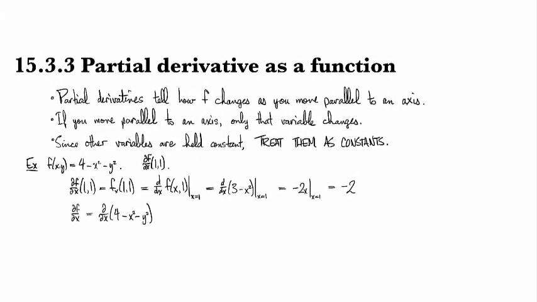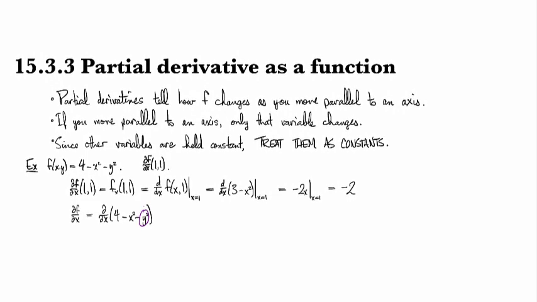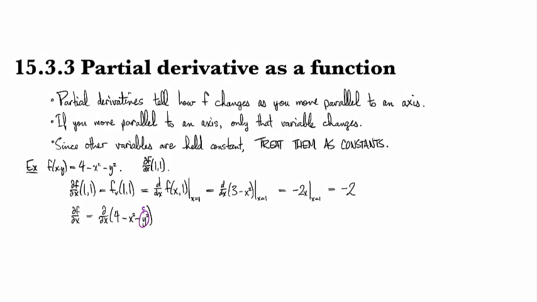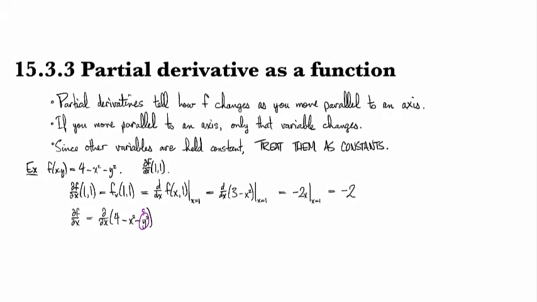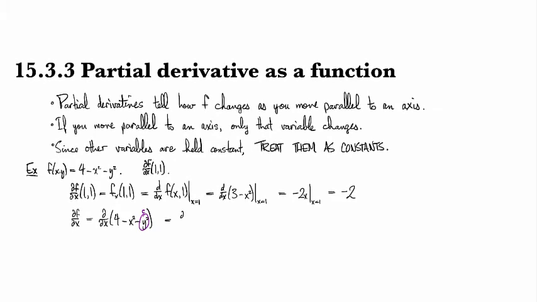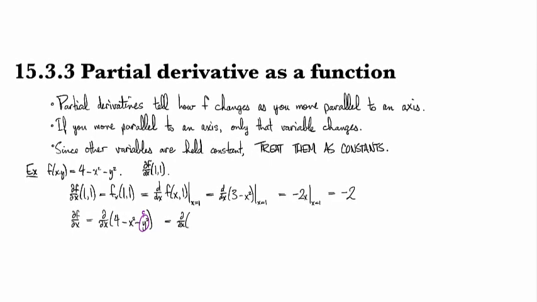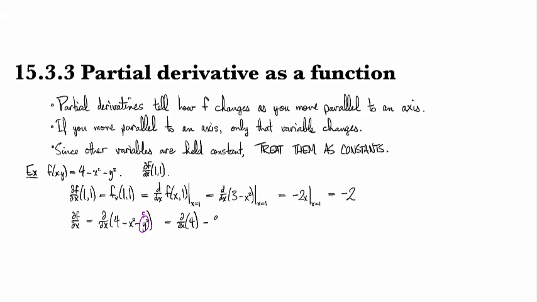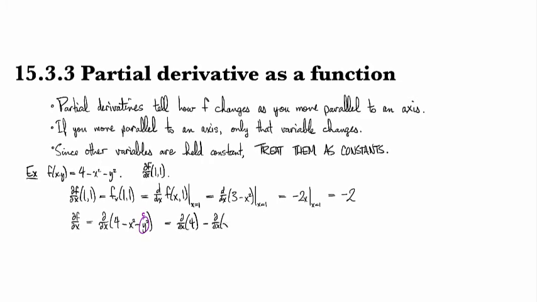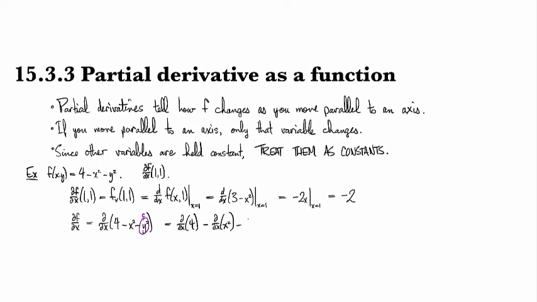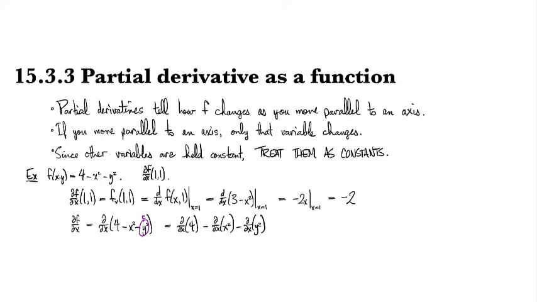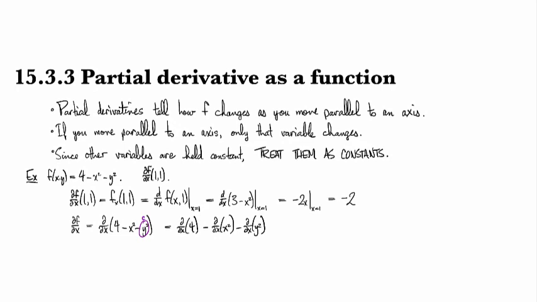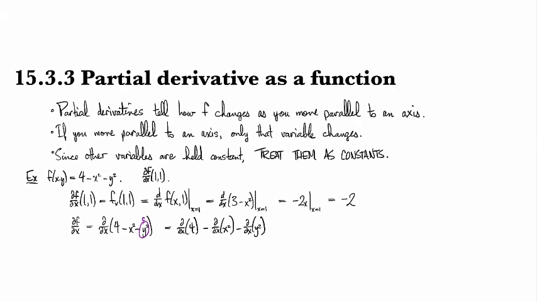So I'm thinking that this one right here is some constant c. Okay, so using what I knew about derivatives, they're linear, so I can break this into d dx of 4 minus d dx of x squared minus d dx of y squared. And then I can compute the derivative separately and then put it back together in the end.